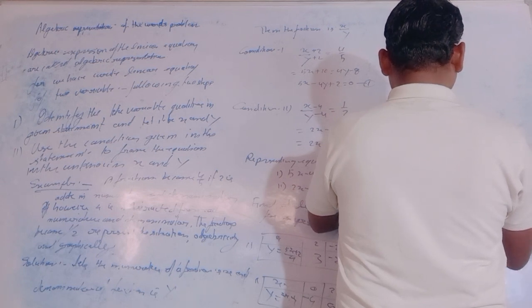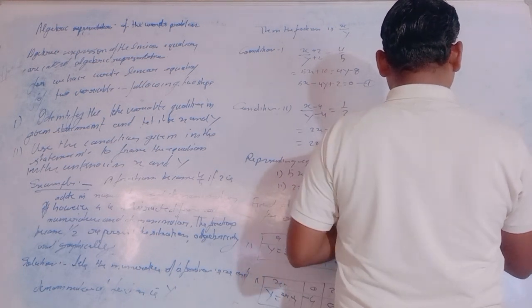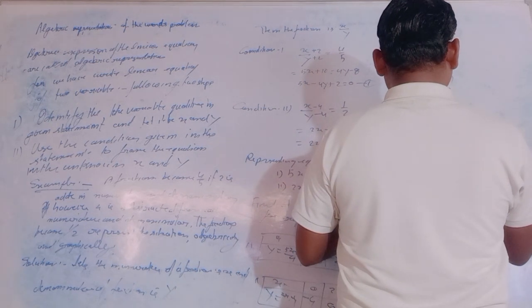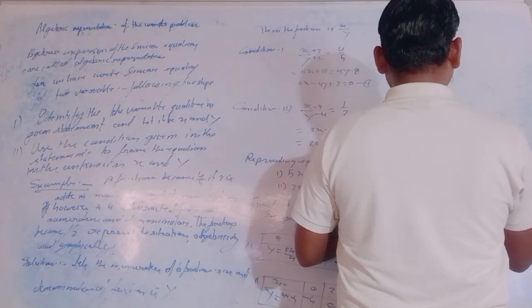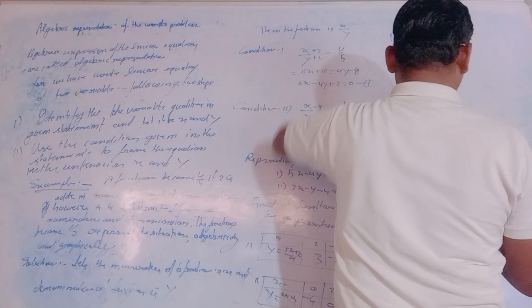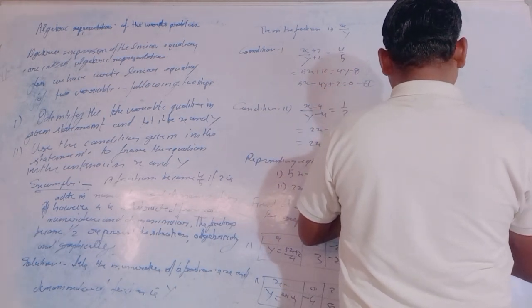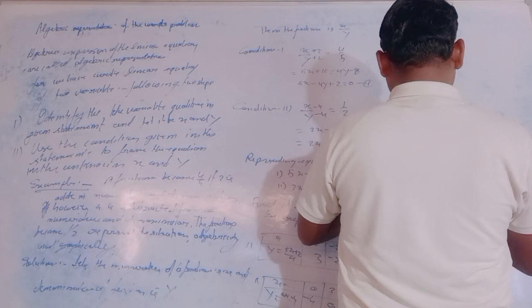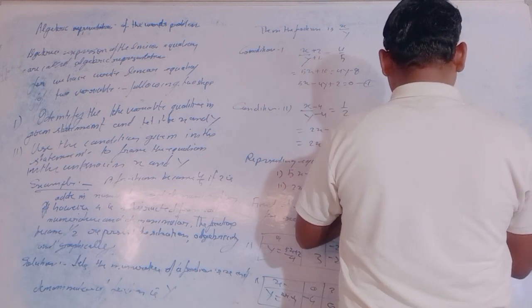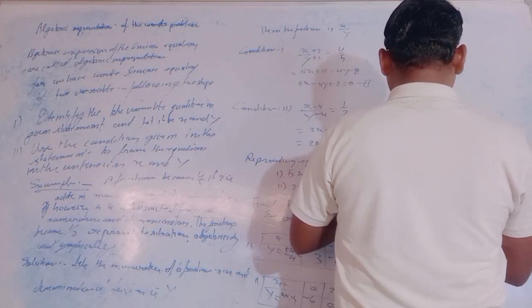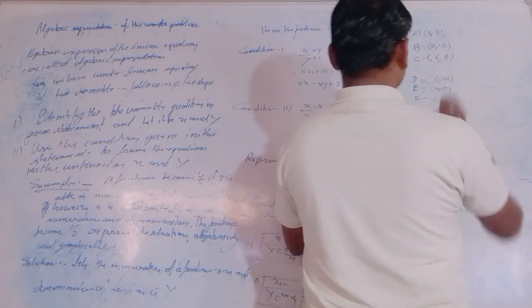And the second is minus 2 and minus 2, so x is minus 2. Here on the x line is minus 2, and on the y line it is also minus 2. So minus 2, minus 2. Got it?